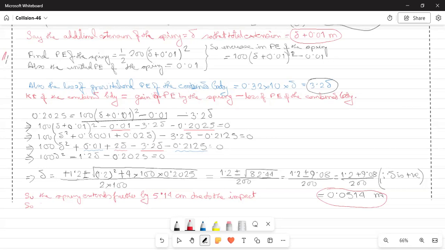So the total extension of the spring is equal to 5.14 plus 1. 1 centimeter it was already extended, so it is 6.14 centimeter.